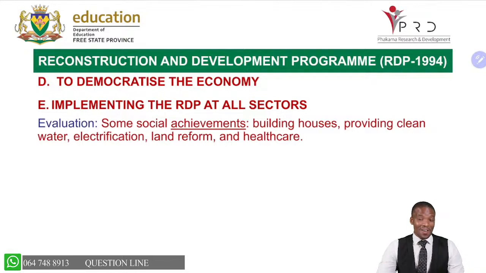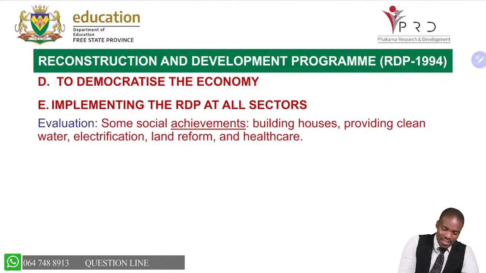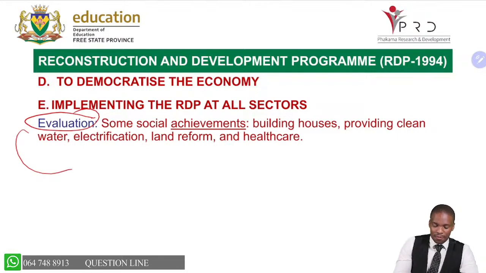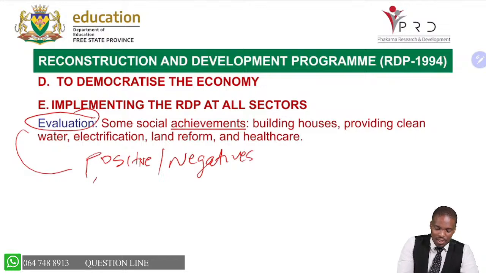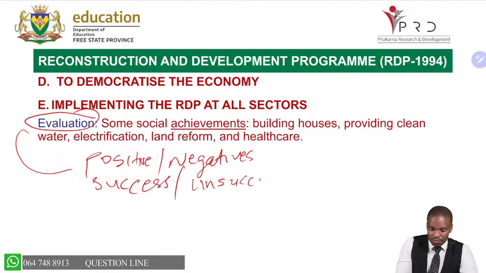I repeat, the question states, evaluate the reconstruction and development program as an approach by South Africa to achieve growth and development. So when we are saying evaluate here, grade 12, you'll think of the positives and you also think of the negatives. Sometimes we say those are the successes, or you will say it has been unsuccessful.